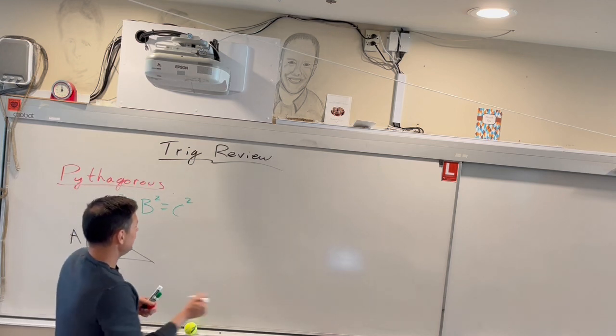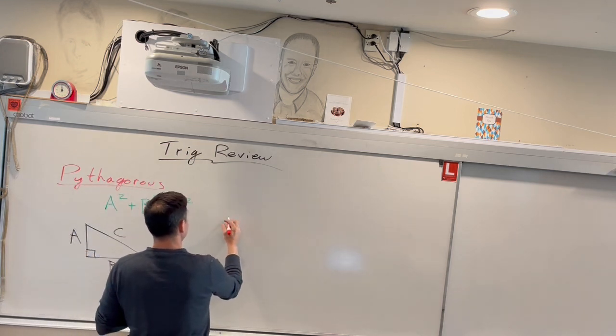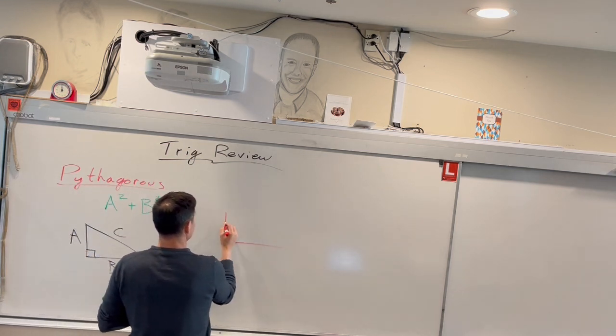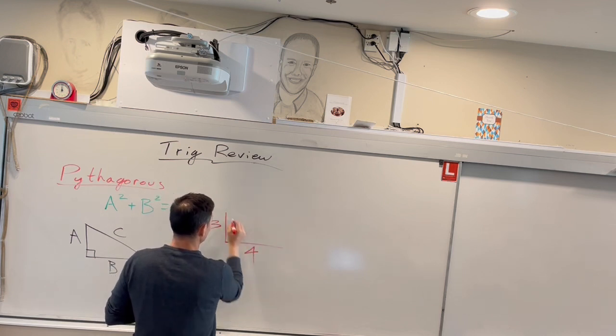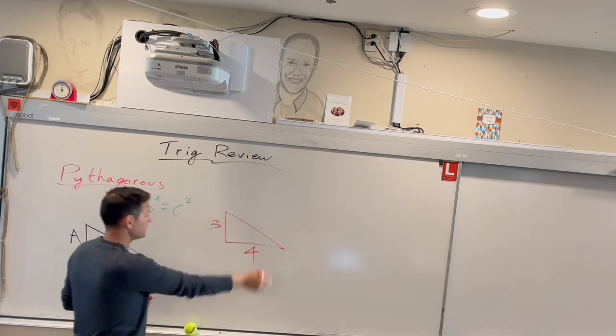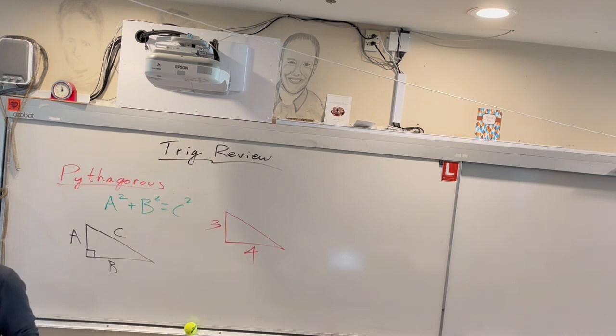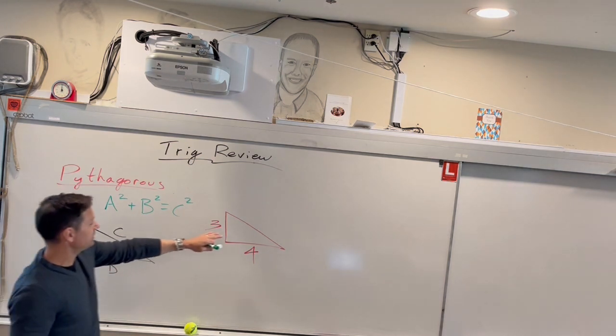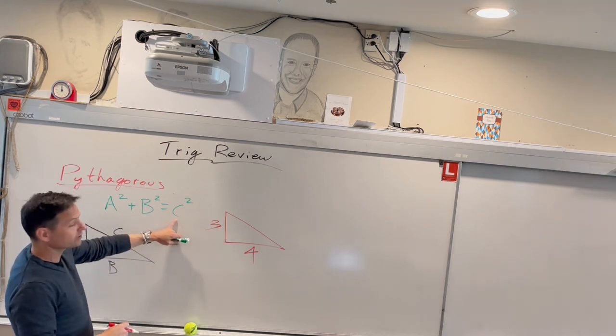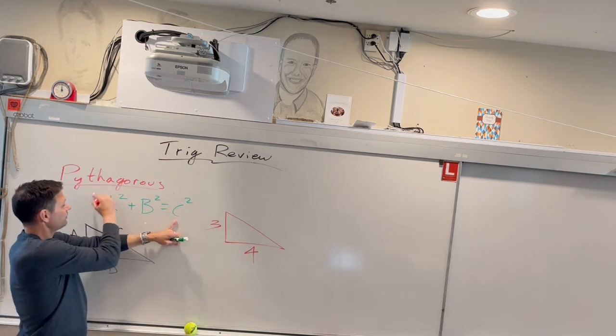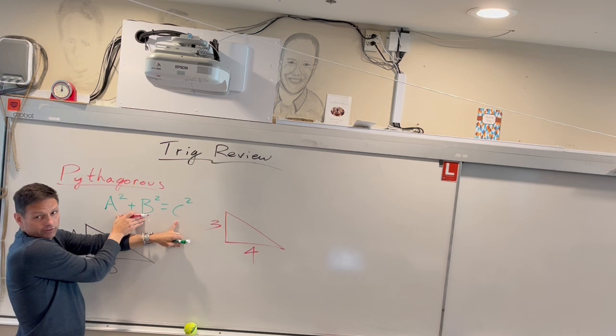If I give you a triangle like this, what is the long side? Good. This is actually, if I solve for C, you take the square root of all this, right?